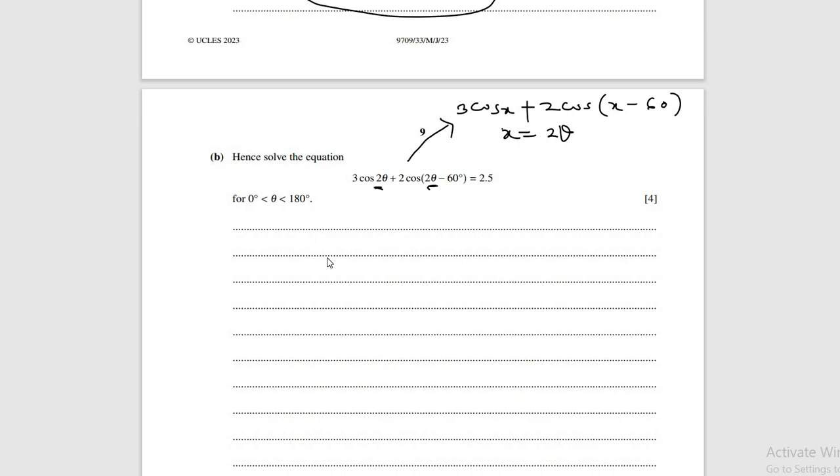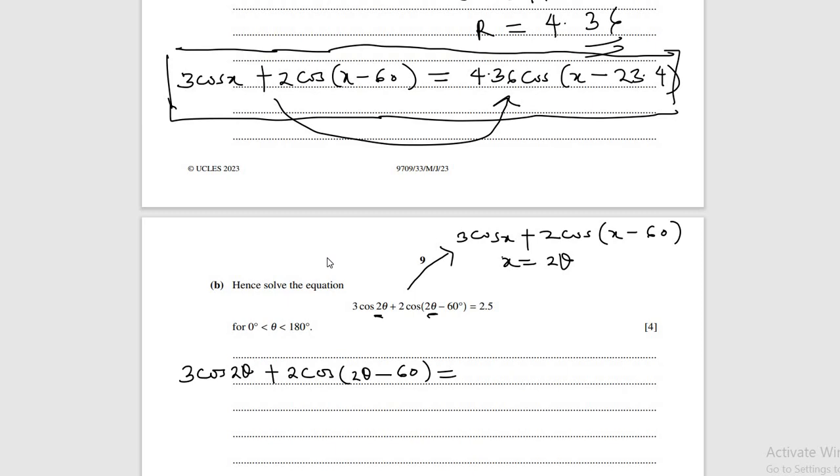So if you're going to be smart about it, 3 cos 2 theta plus 2 cos(2 theta minus 60) will be the same thing as 4.36 cos(2 theta minus 23.4).